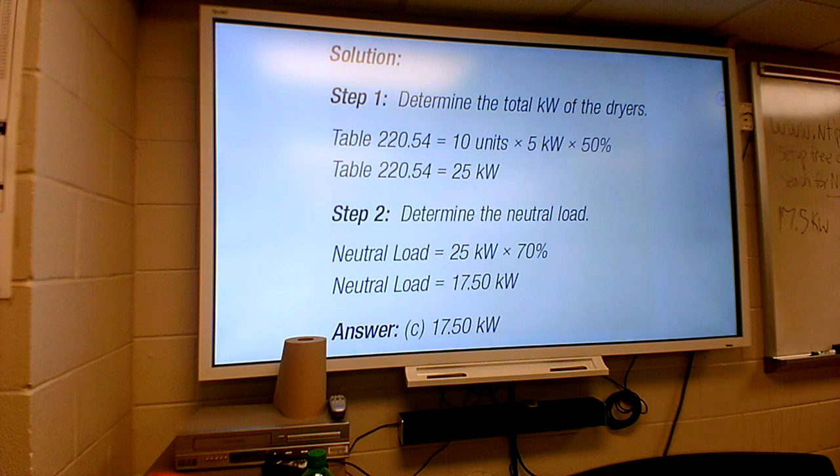Then we're going to say 240 volt, that the service is 240 volt. It's about 73 amps. And then go to your wire chart. What does your wire chart say for 73 amps in the 75-degree column?